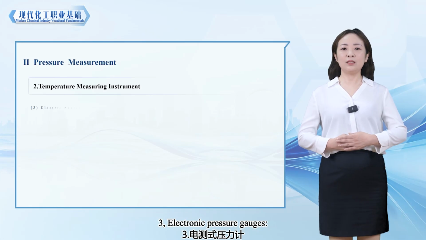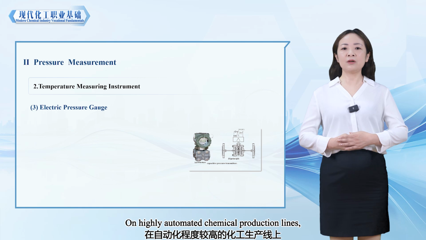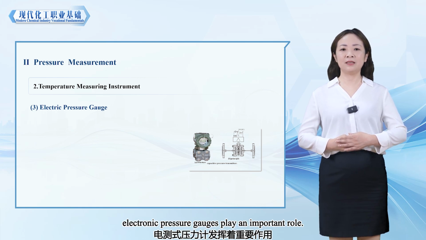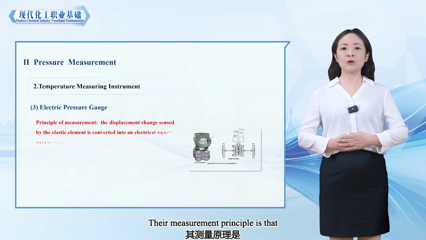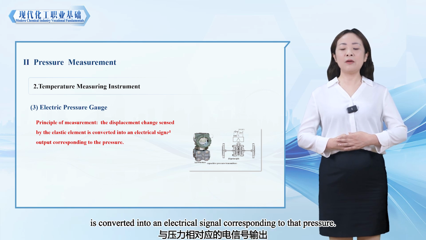3. Electronic pressure gauges. On highly automated chemical production lines, electronic pressure gauges play an important role. Their measurement principle is that the displacement of the elastic element, when subjected to pressure, is converted into an electrical signal corresponding to that pressure.